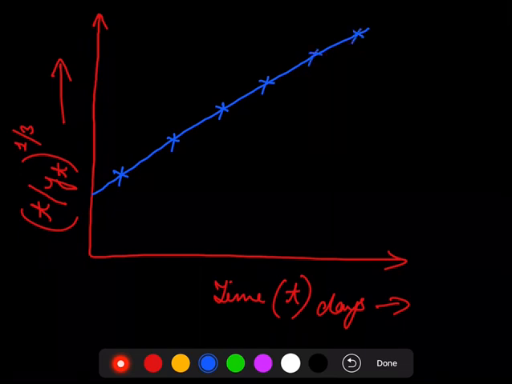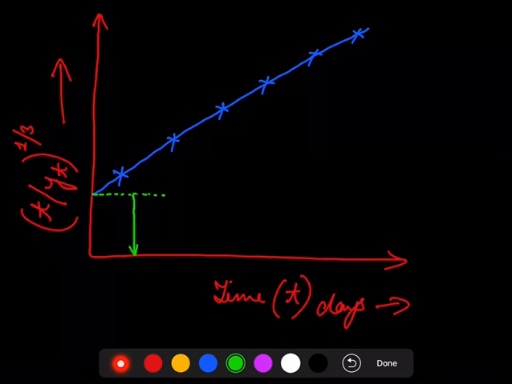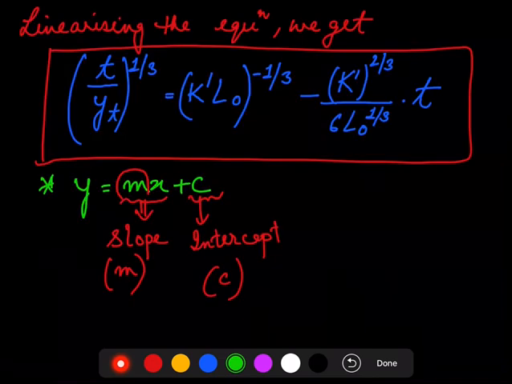Let me just go back to the previous slide. This is the straight line equation.